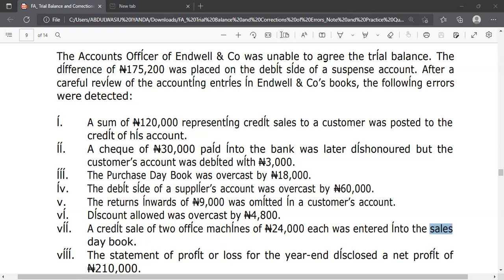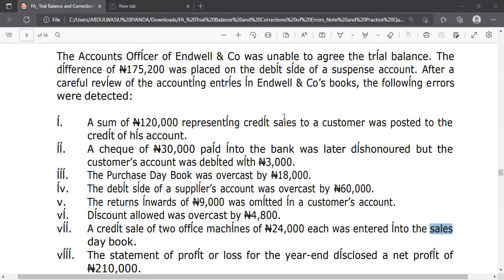Thank you very much. If you are selling to a customer, the sales account needs to be credited. Yes, sales will be credited.